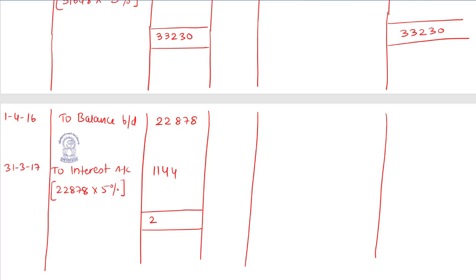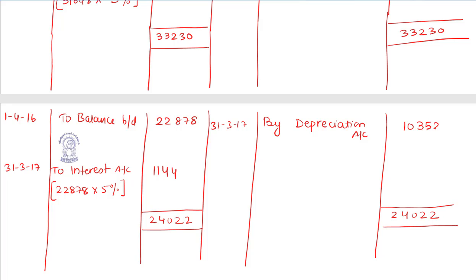Let us do the totals. 24,022. Year end 31st March 2017 by depreciation account 10,352, this is the depreciation amount.